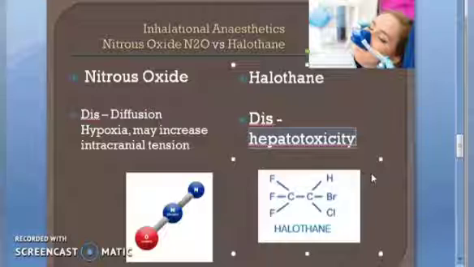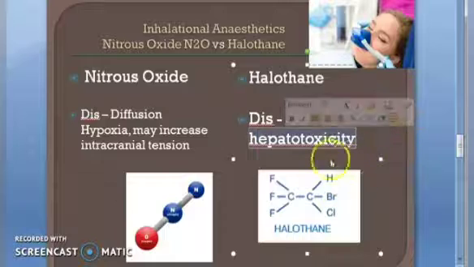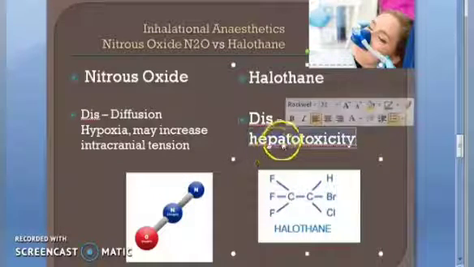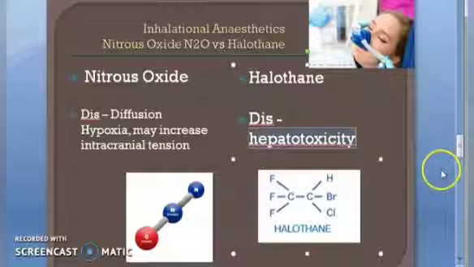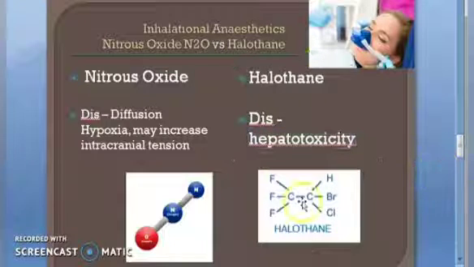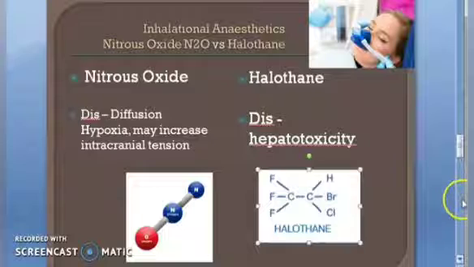Halothane sensitizes the myocardium to adrenaline and can cause arrhythmias. So it is a depressant, it causes hypotension, it depresses the respiratory system also, hepatotoxicity, hyperthermia. All these heads are H for halothane, all these side effects for halothane, okay?